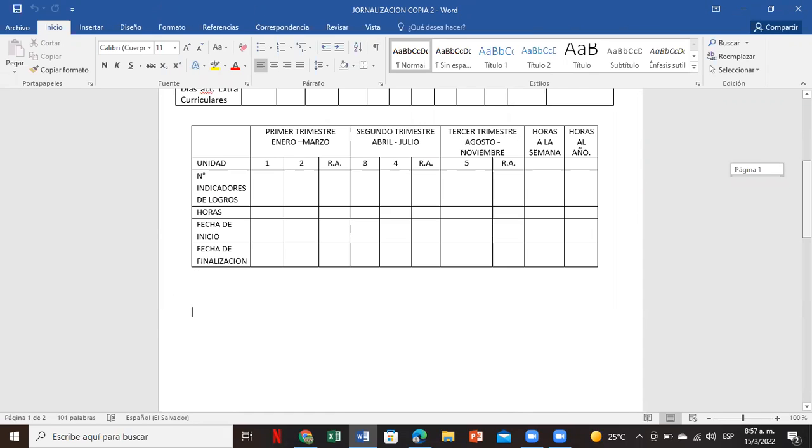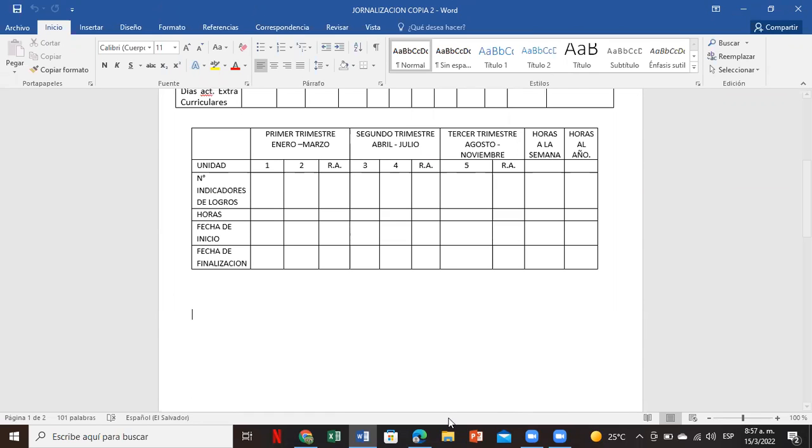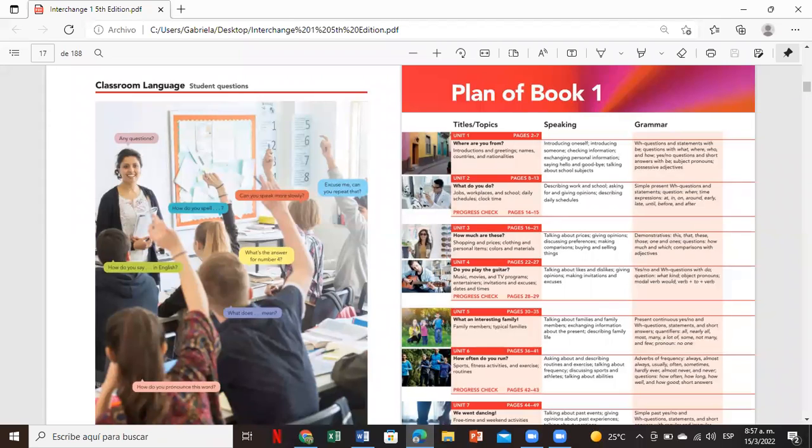Now we are going to journey our book. I got 5 units. Okay, I got 5: 1, 2, 3, 4, 5. But if you remember, in the Interchange 1, we got 16 units.